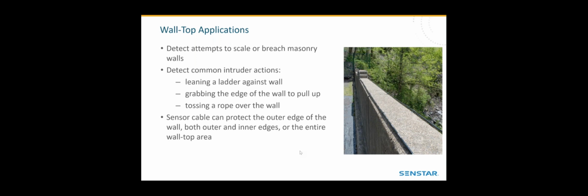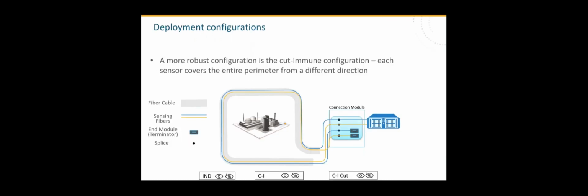And in a cut immune configuration, how far apart would you install the two detecting lines? Okay, that's a good question. Those fibers are most normally, and we specify it as such, in the same cable, which is good because you don't need a second cable. And there's really no advantage of using a separate cable.